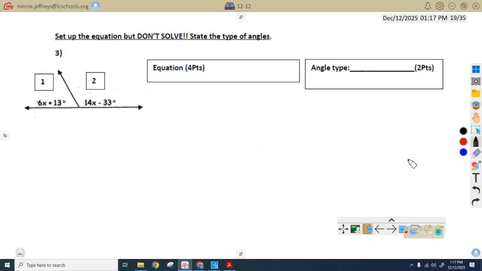My students need you. Alright, so number 3, you actually need to know the angle type before you set it up. So there are 2 ways you could say this. This is supplementary or linear pair. Alright.